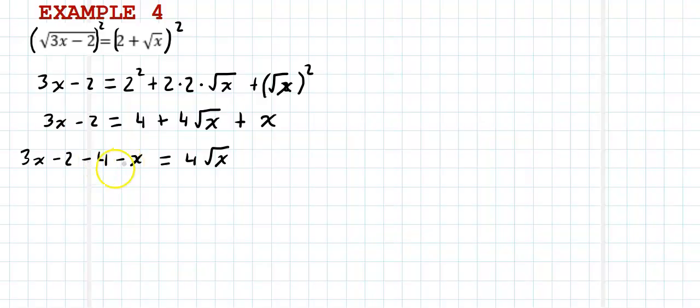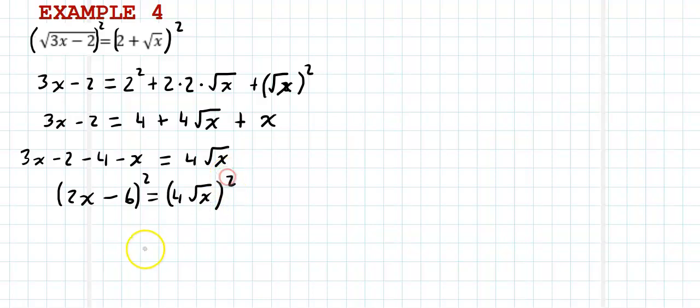So 3x minus 2 minus 4 minus x equals 4 times the square root of x. Simplify: 3x minus x is 2x, negative 2 minus 4 is negative 6, equals 4 times the square root of x. Now, to simplify, we are going to raise both sides of the equation to the second power.